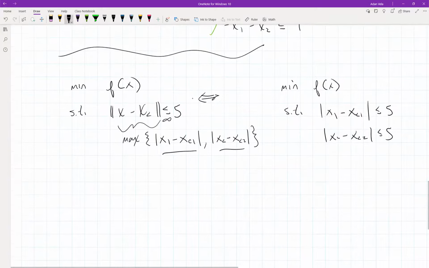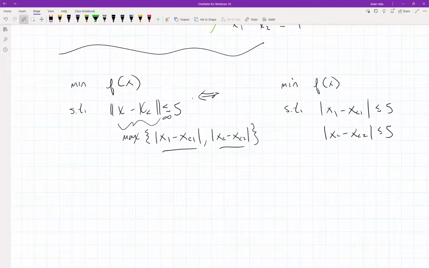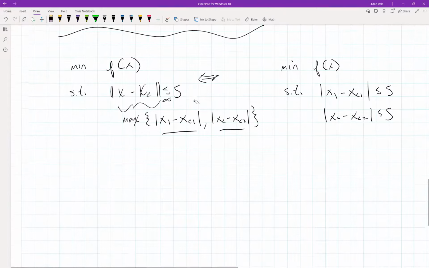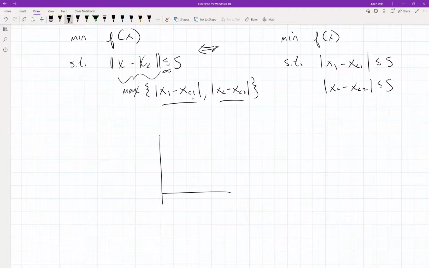Now let's visualize this in 2D space. We do the same idea where we go to the center, wherever the center is. So this is xc. We can pick whatever the center is, an arbitrary value.